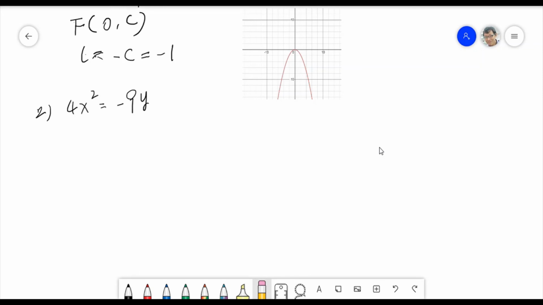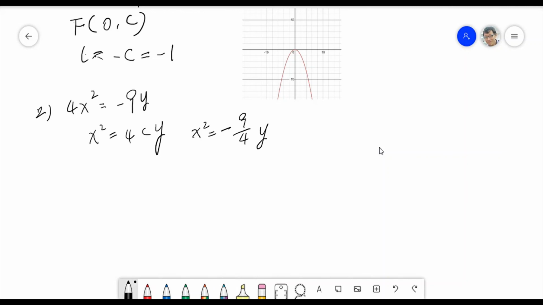Okay, let's go to the second question. 4x squared is equal to negative 9y. Okay, so our standard formula here should be x squared equals to 4cy, right? So based on this one, 4x squared, we need to divide by 4 on each side. So we can write x squared equals to negative 9 divided by 4 y. Am I right?